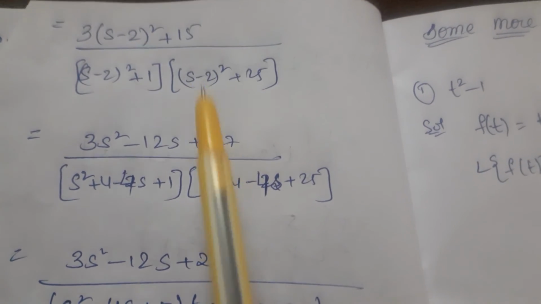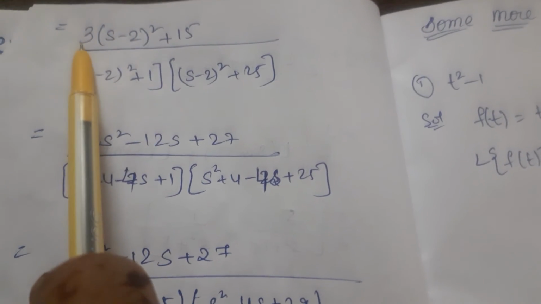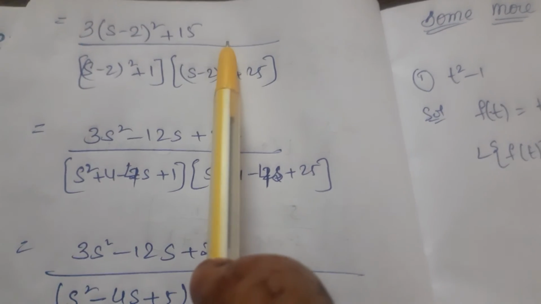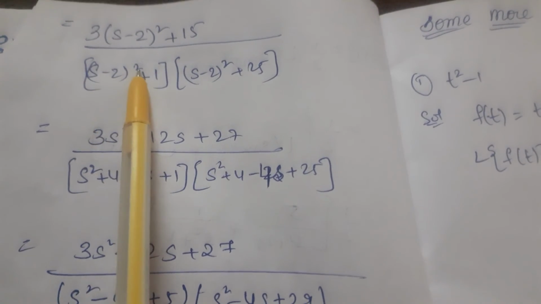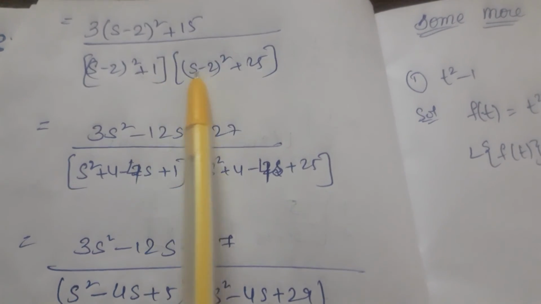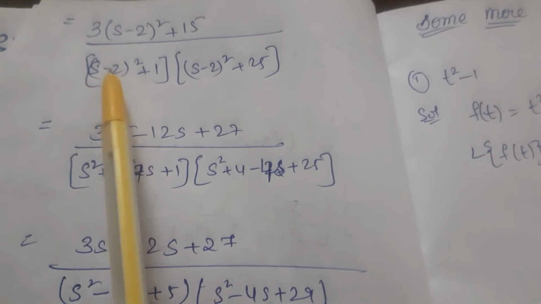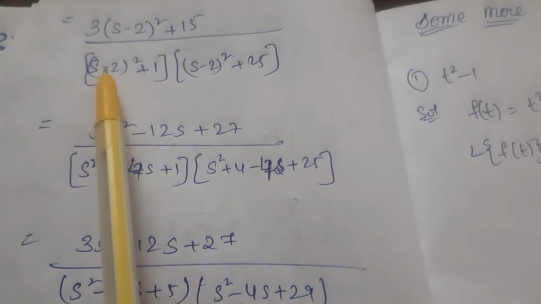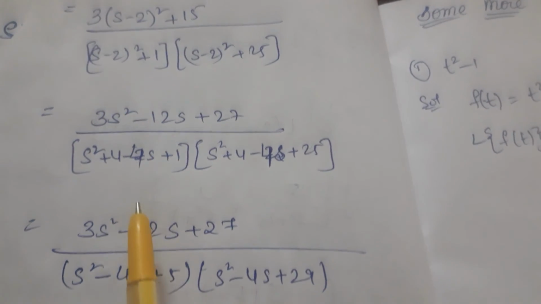So you open the (a minus b) whole square formula, multiply this with 3 and add 15 to the constant term. Here also (a minus b) whole square and add this 1. Here b is 2, s minus 2 whole square, open it in the form of (a minus b) whole square.